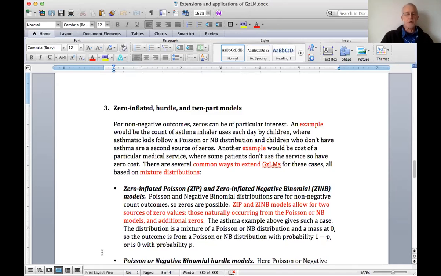That's the most common. I'll let you read about hurdle models, but these zero inflated models are very common. Roughly, they're handled by creating a mixture and saying there's a certain probability that an observation is zero. And there's also a probability for each value from 0 up to infinity from the negative binomial or Poisson.